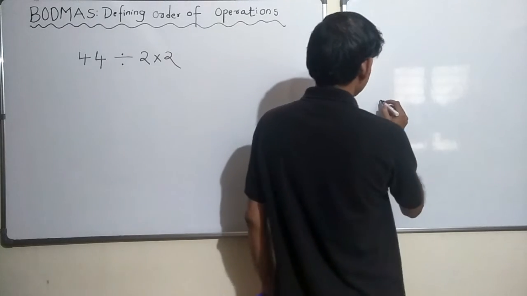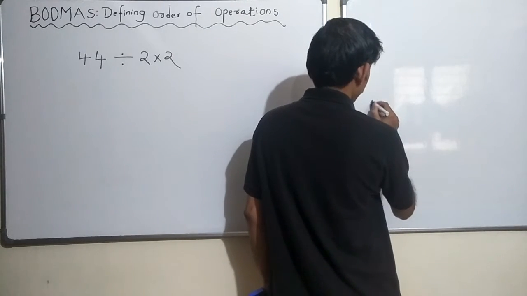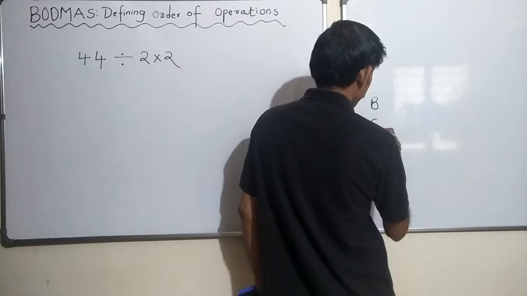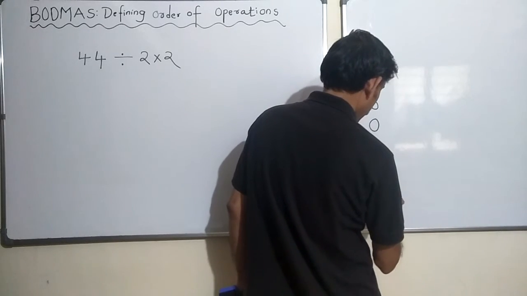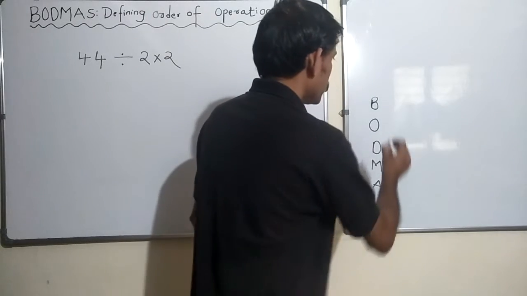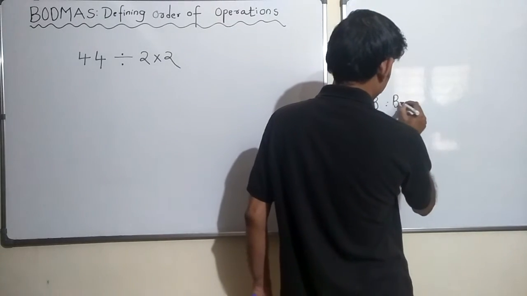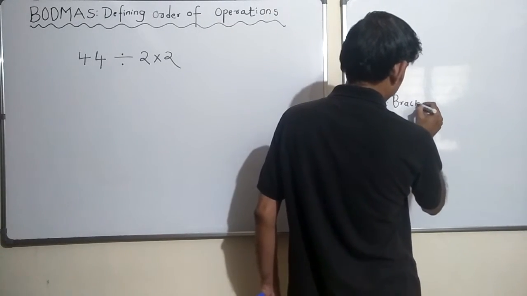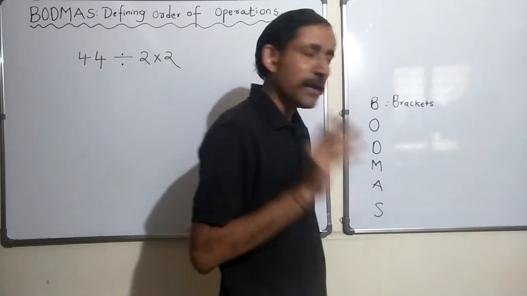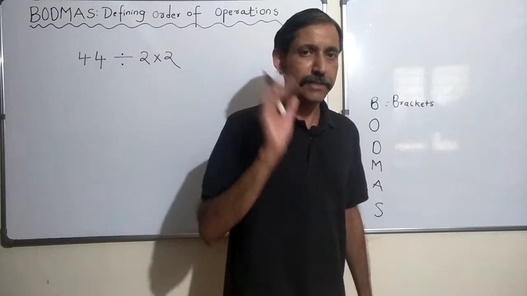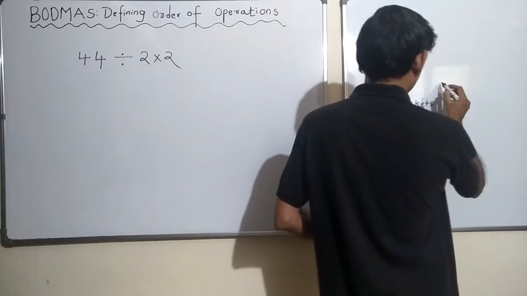In BODMAS rule we have B, O, D, M, A and S. This is the brackets. Now there are four types of brackets that you can think of.